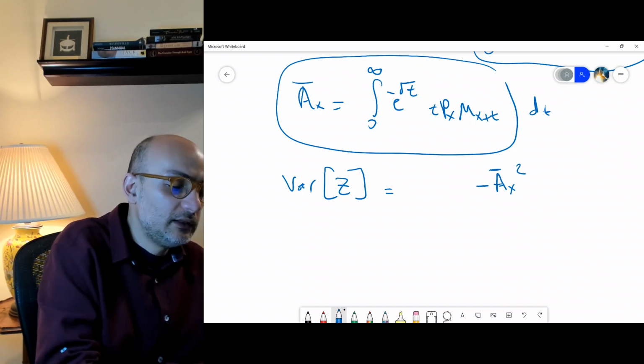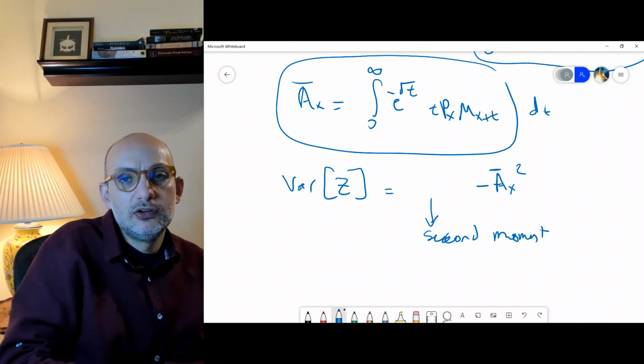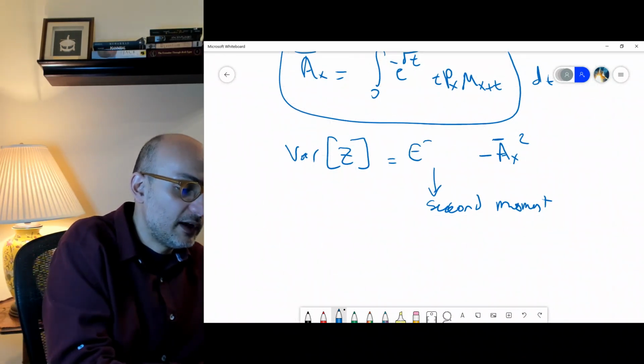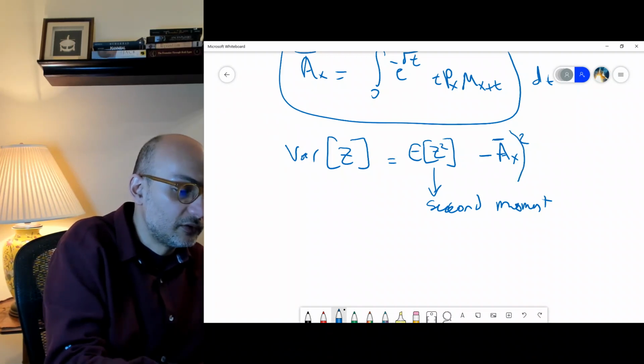Now we need the second moment, or the expected value of Z squared, which is raised to 2. This is the definition of variance.